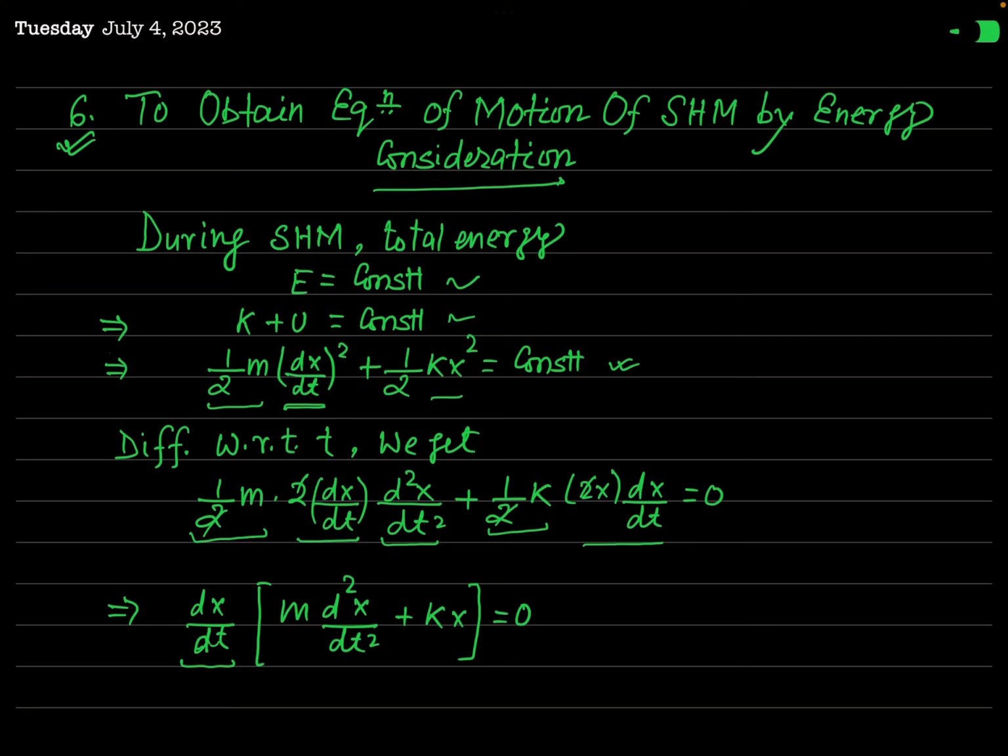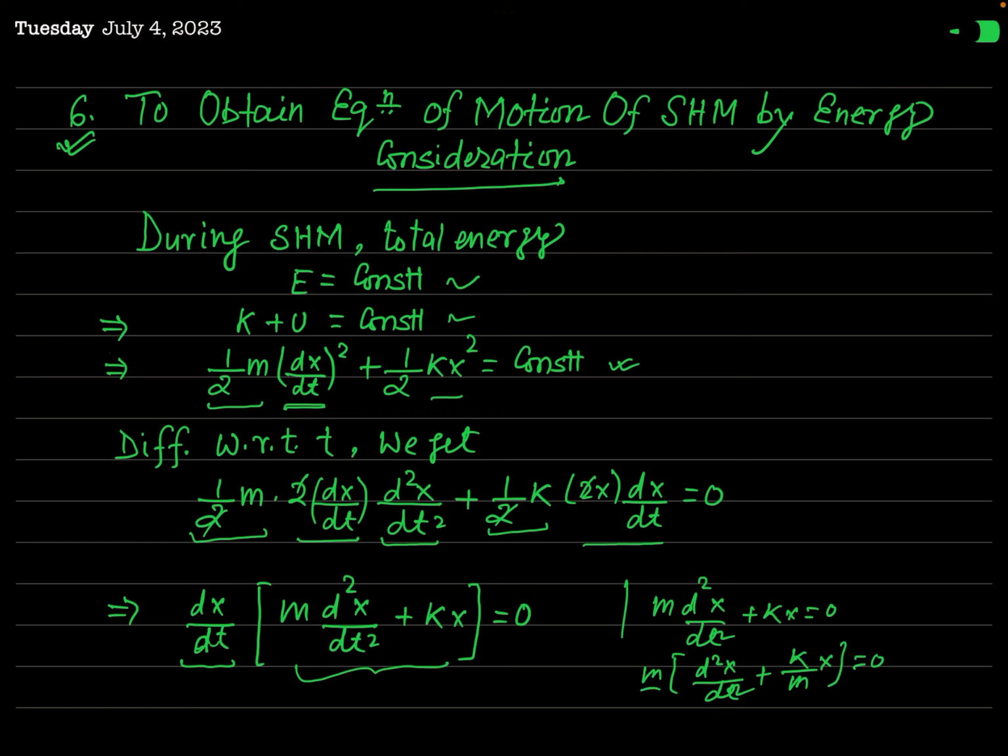So definitely the expression inside this square bracket will be 0. So we will equate m d2x by dt square plus kx equal to 0. And when you take m as a common factor, the result will be d2x by dt square plus k over m into x equal to 0.